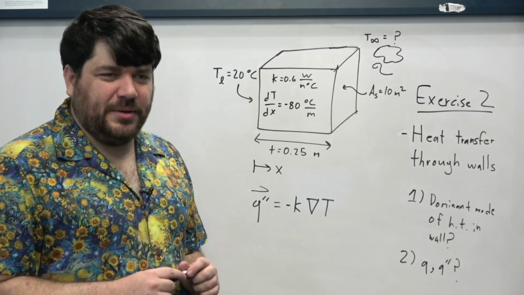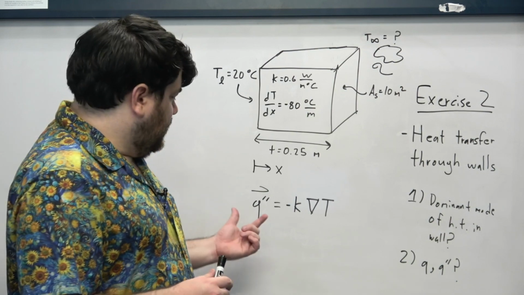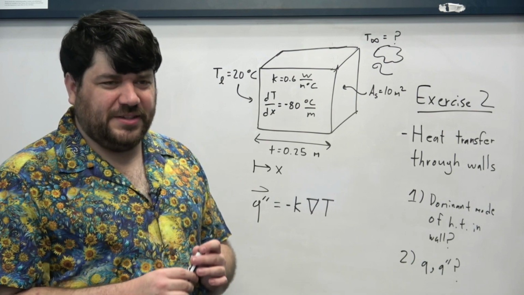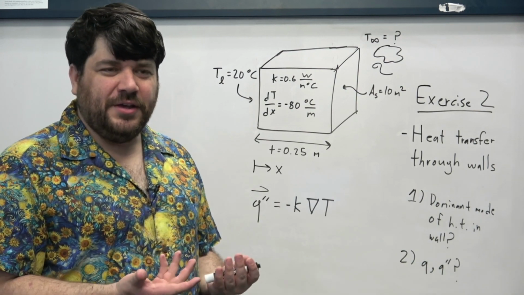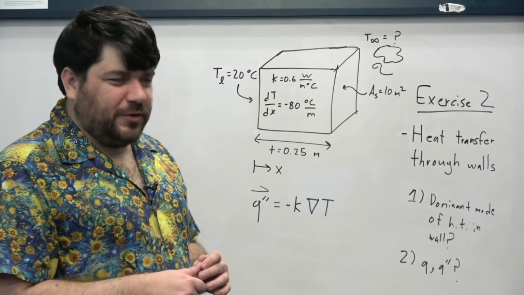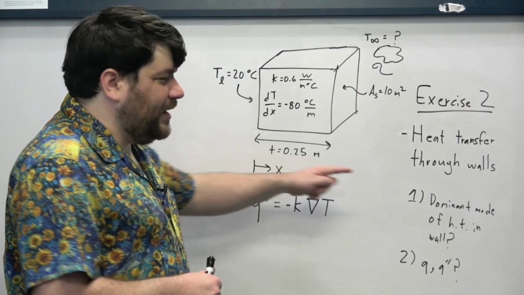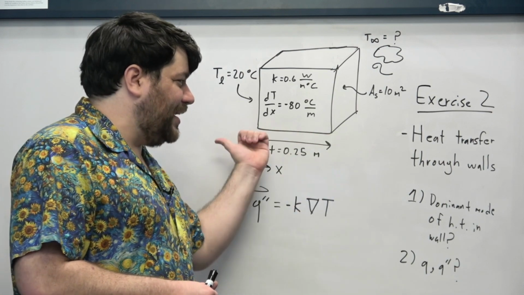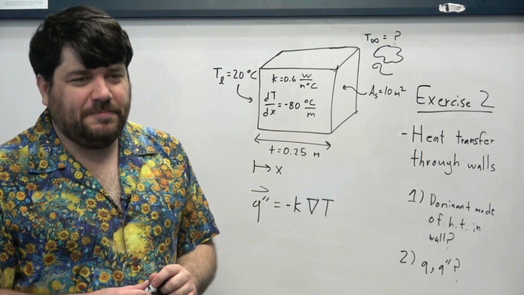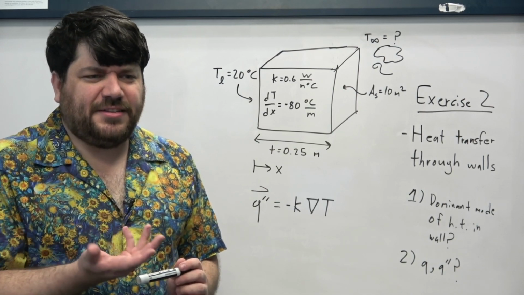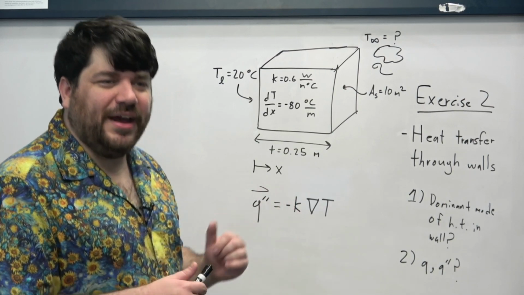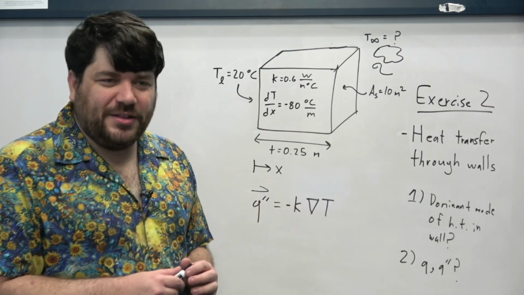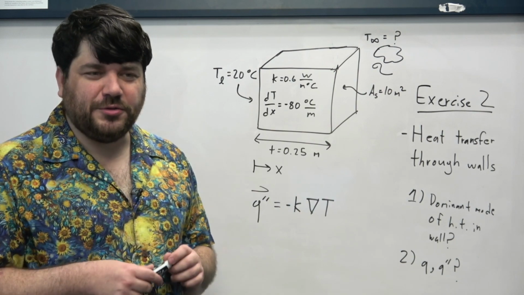But this equation is a little bit of overkill, in the sense that we already know what direction the heat transfer is going to be taking place in. Remember that we assumed that heat transfer is happening in one dimension, and so as a result, it's either happening right to left or left to right. In that scenario, we don't actually need the vector part of this equation. We don't need to worry about figuring out the temperature gradient in terms of all of those partial derivatives.